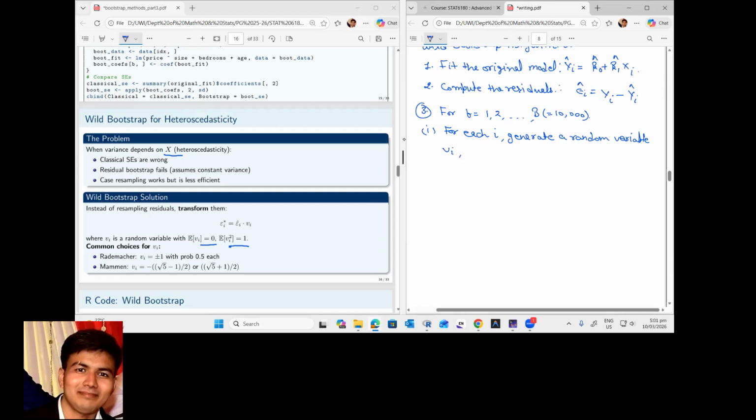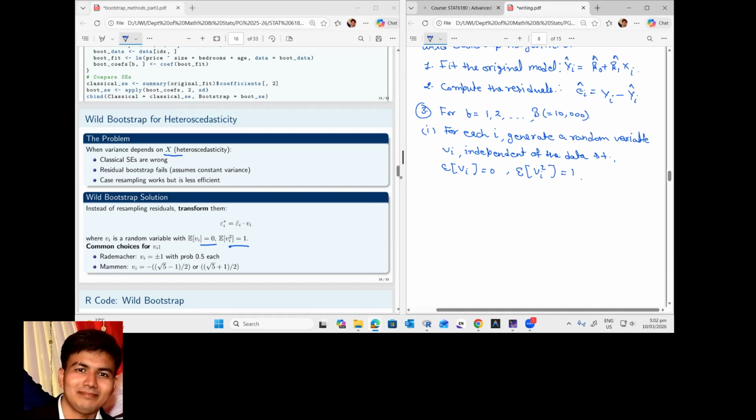It should be independent of the data, such that the expected value of vi equals 0 and the expected value of vi squared equals 1.